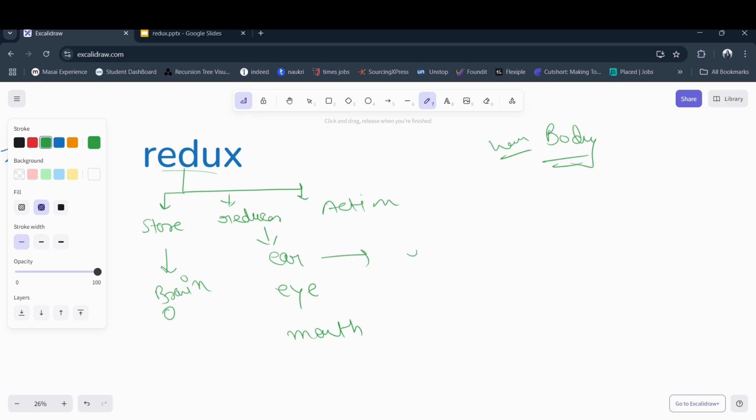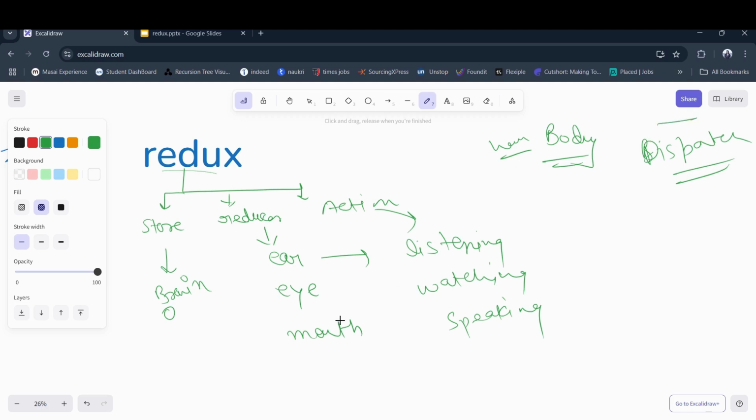It does the listening. The eyes do the watching, seeing such types of things, and the mouth does the speaking. So we can assume these as actions, and these as reducers, and this as the brain. So in Redux, we have especially these three things, and one more thing is there: dispatch. We will come back to this, but wait for it.